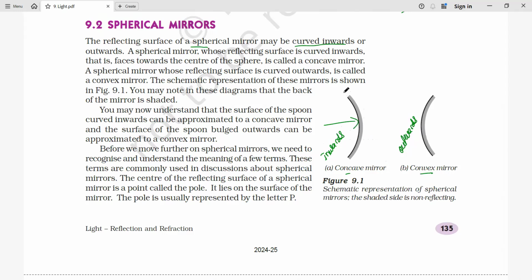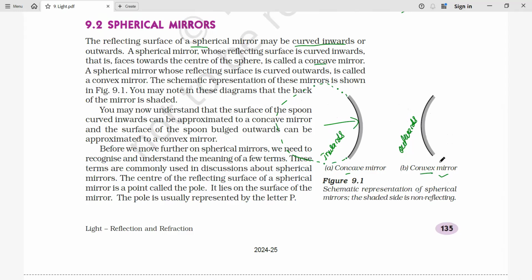And if you try to make it here, it will be part of one sphere, so that's why it is called a concave mirror. And another spherical mirror, having a reflective surface that is oval in shape, and the curve is outwards, that mirror we call a convex mirror.